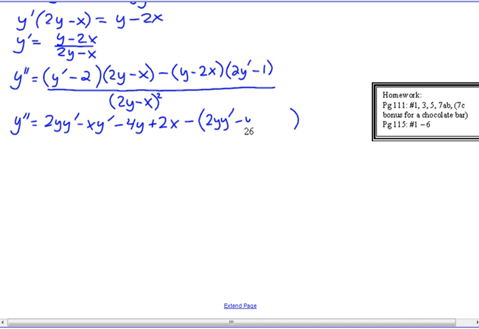I know. That's why I said the orange paper. Minus y minus 2xy prime. Oh, caught it. I caught it. So minus 4xy prime plus 2x.